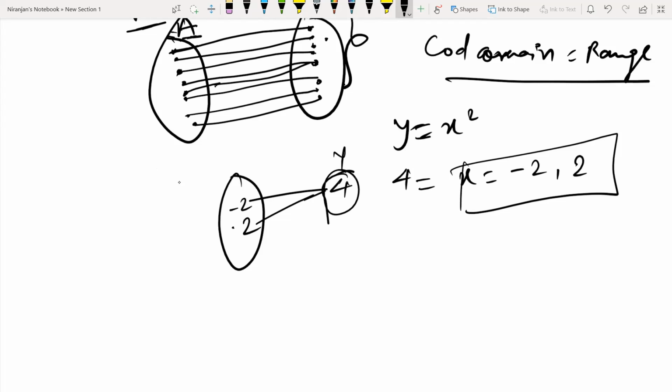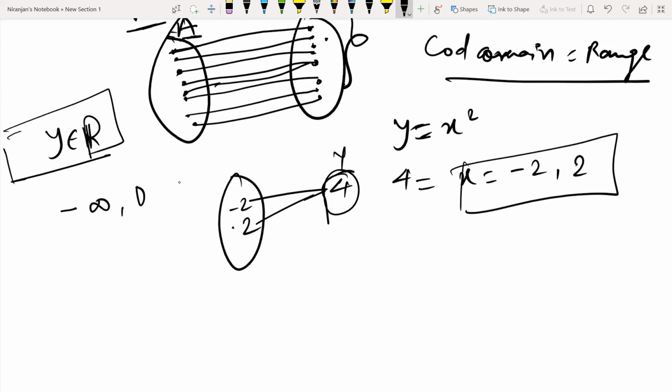So is this bijective? Every element in set A is related to, no, it is not. How is this not bijective? I'll tell you. Your y is also on R, right? This is R, but you do not have any element in x which is actually mapping to minus infinity to 0, open.